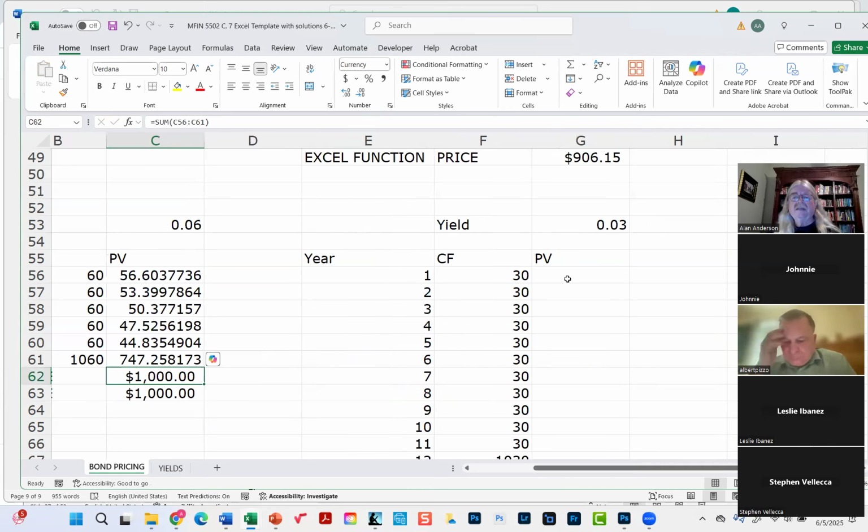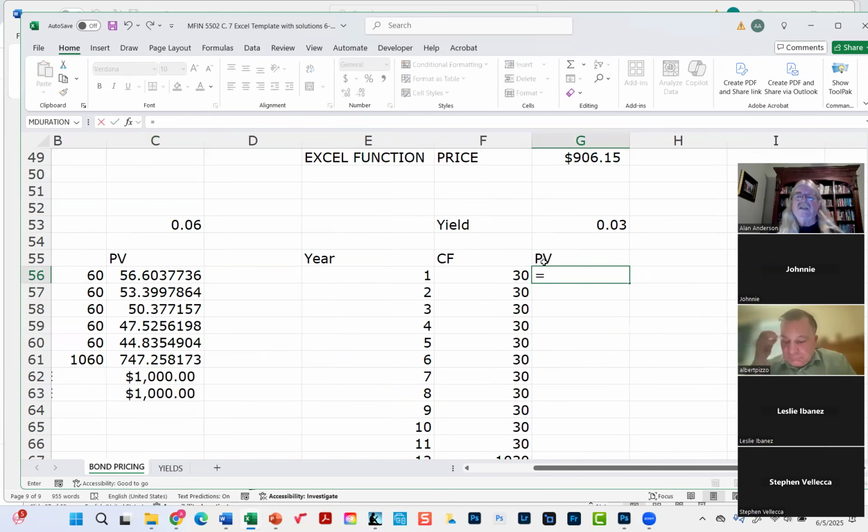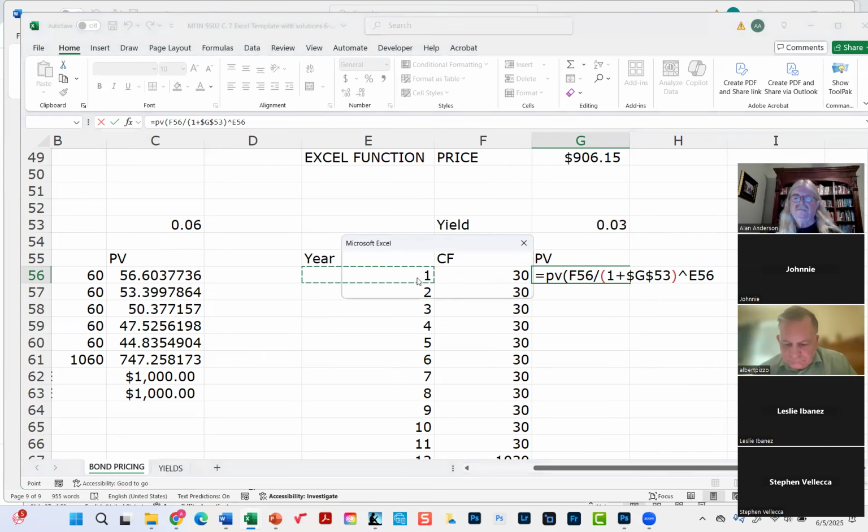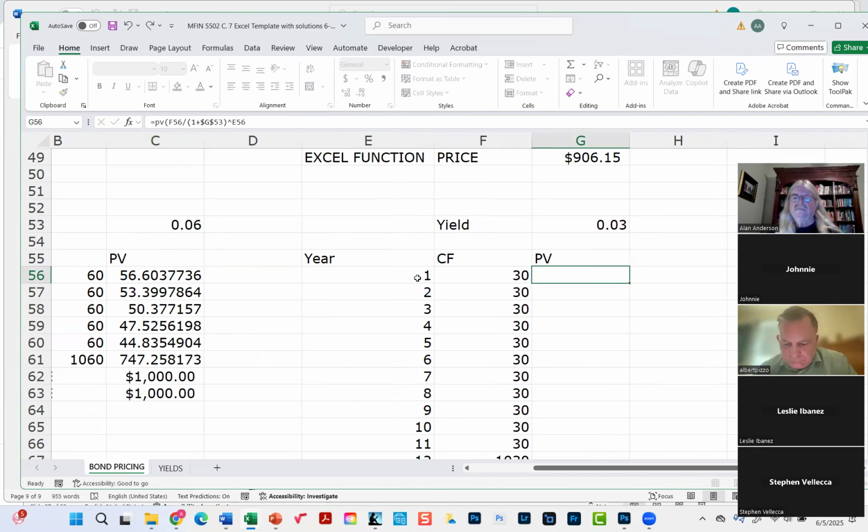And now over here, same thing. It's now a semi-annual bond. I'll calculate each individual present value. $30 divided by 1 plus the yield. The exponent is the year, actually the period. It's this divided by 1 plus the yield.